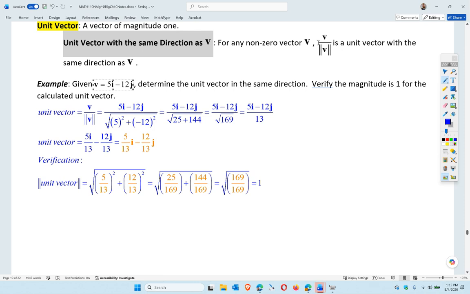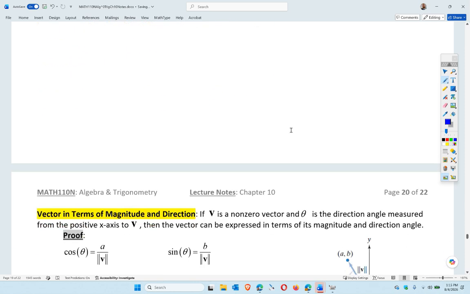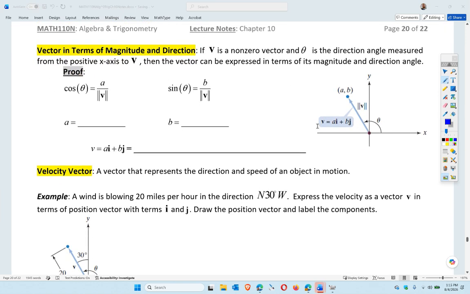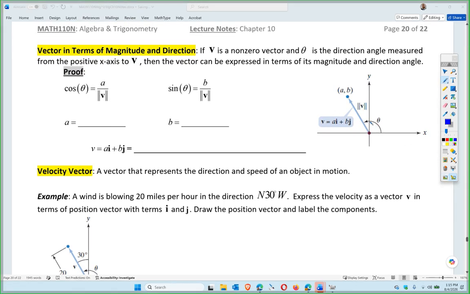So the next thing is vectors in terms of magnitude and direction using trig. If you think about a right triangle, no matter where you draw the triangle in the unit circle, make your angle, there's my angle here, it's going to make a right triangle.